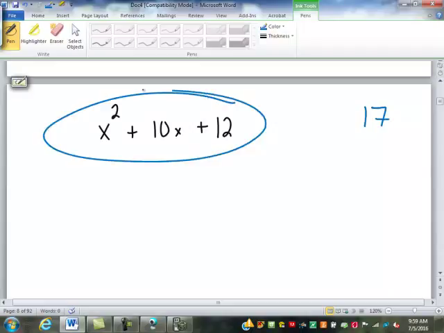This is prime. There are no common factors. X squared is going to be x times x. No matter what I put here, there is nothing that will multiply to 12 and still add up to the 10. I can try the 1 and 12, 2 and 6, 3 and 4. Nothing will work.